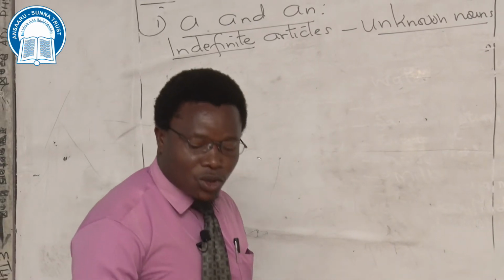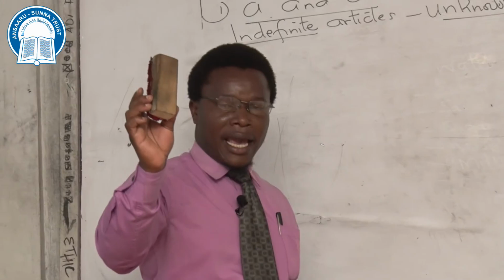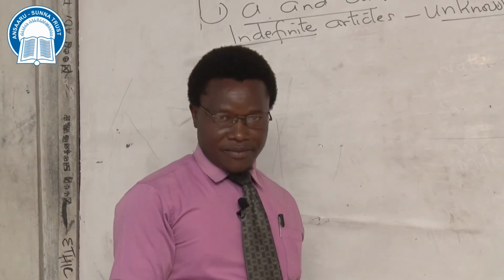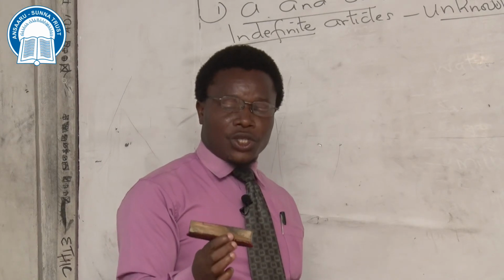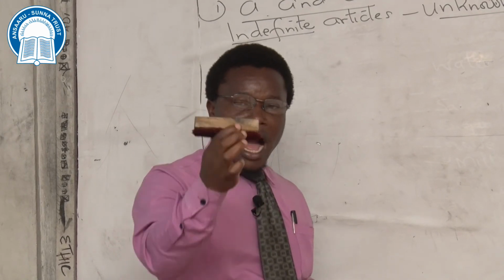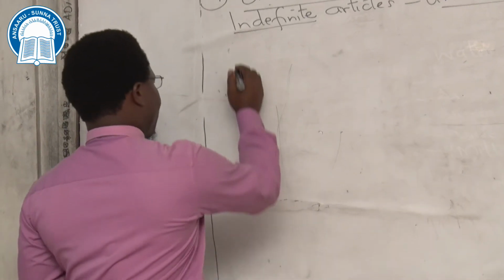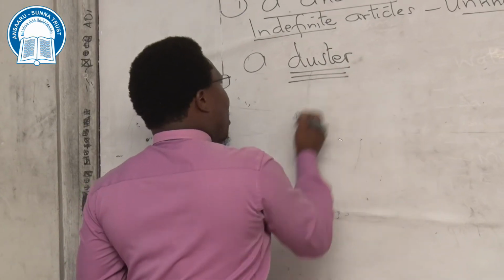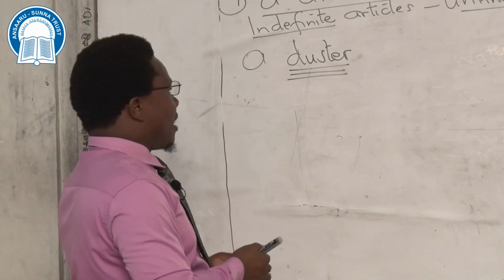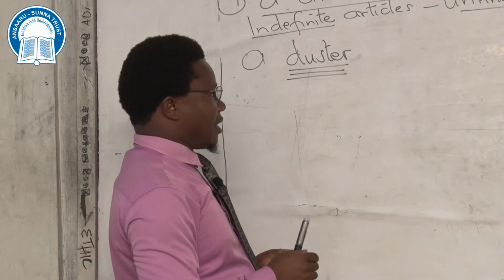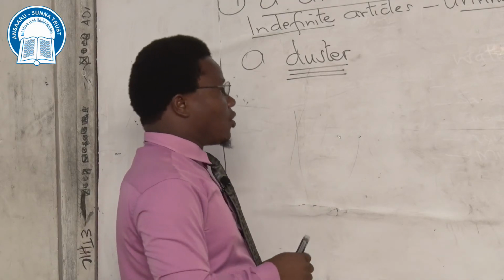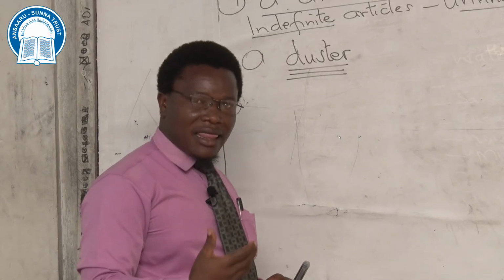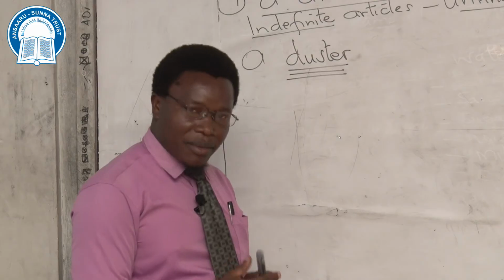If I bring to your attention this object once again, fine, all of us know this one as a duster. But because I'm introducing it to you for the first time, I'll call it a duster. So, the articles a and an are referred to as indefinite articles. They are used to introduce unknown nouns. How are they used in this case as determiners?